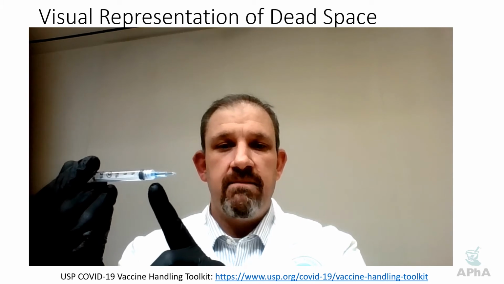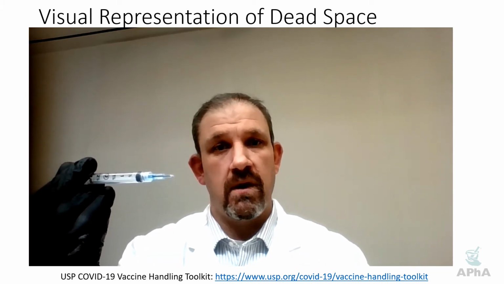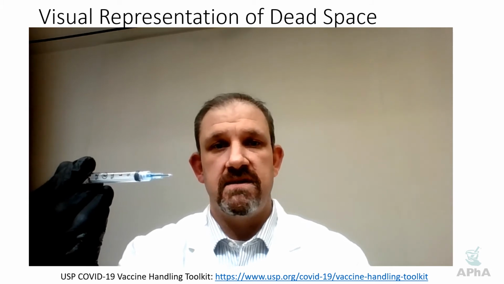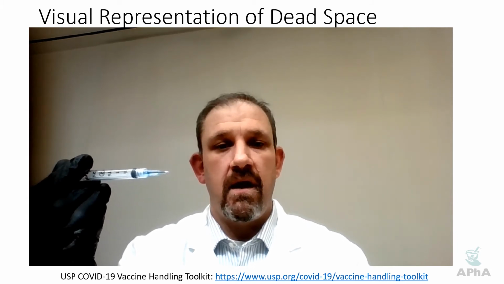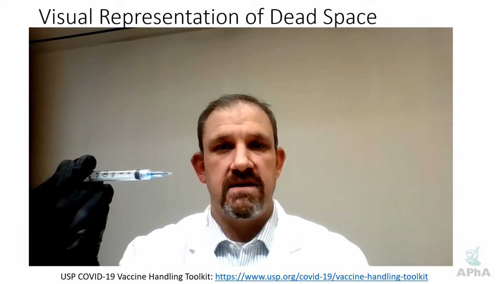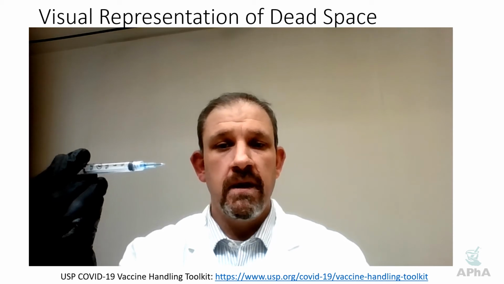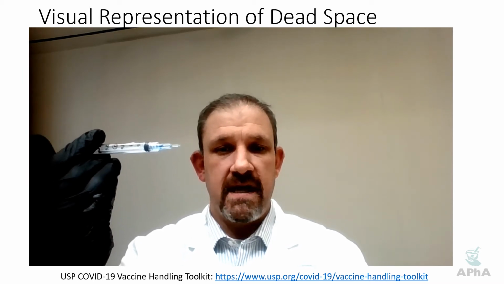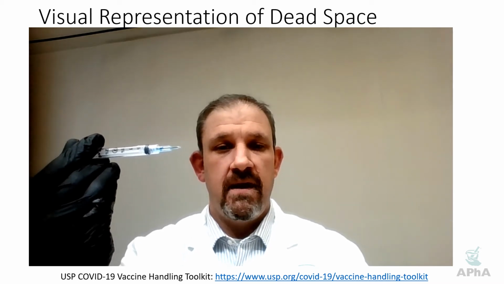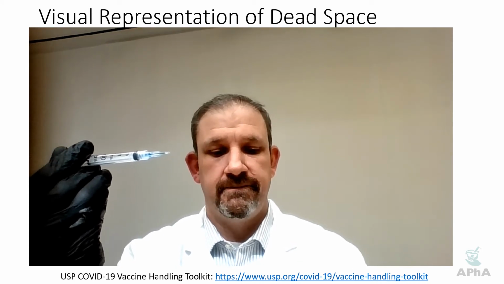But by doing that and by minimizing this residual volume, we maximize the chances that we're going to be able to get 6 doses out of a vial of the Pfizer COVID-19 vaccine, or all 10 doses out of the Moderna vaccine. So again, hopefully a nice visual representation of dead space for you. And so let's go ahead and go to the next slide and we'll represent that visually for you as well.